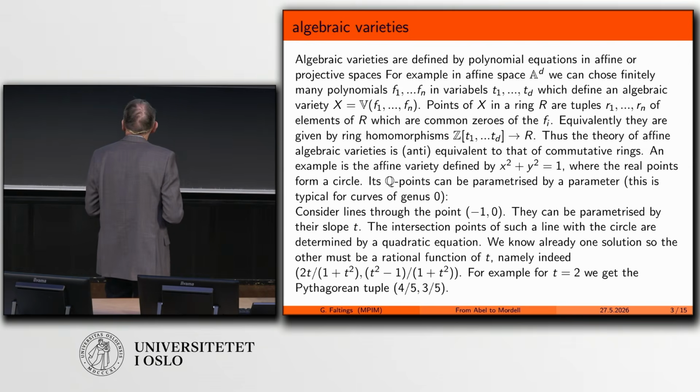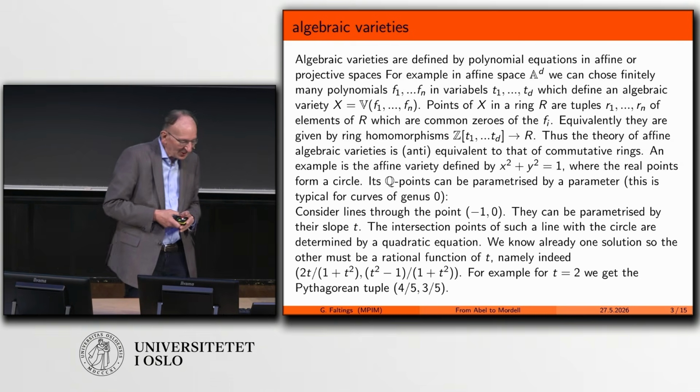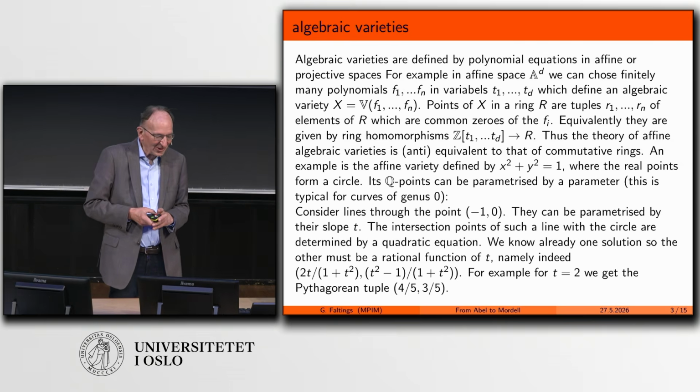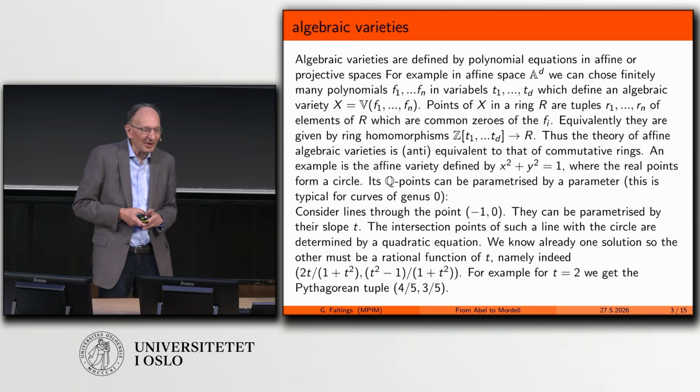So an example, maybe the simplest example is a circle. Well, I should say, usually you talk about the real points, because the complex points would need twice the dimensions, and our thinking is mostly limited to 2 or 3 dimensions, and it's difficult to show things in higher dimensions.